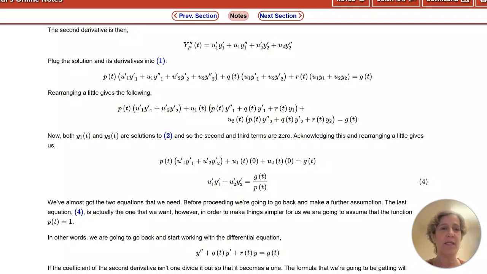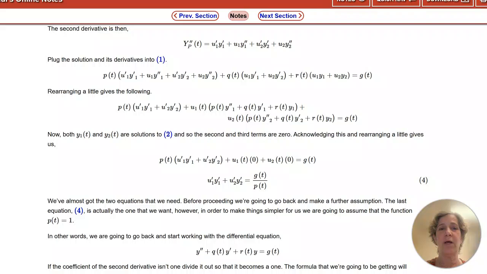Then we do some algebra combining like terms to get this next line right here where you can see the highlight, p of t times u1, y1 both prime, etc. And now we notice, again, both little y1 and little y2 are solutions to the homogeneous equation. So therefore, the second and third terms will end up being 0, meaning anytime I have a constant times y1 and or a constant times y2, when I've plugged that into my differential equation, since that's a solution to the homogeneous equation, that means that when I evaluate my differential equation with those solutions, the answer should equal 0.